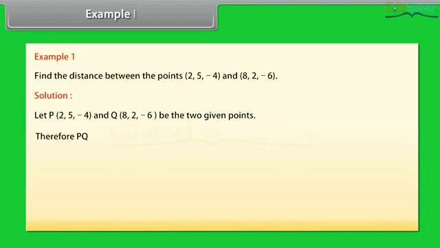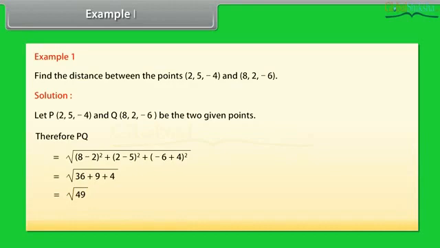Therefore, PQ is equal to the square root of (8 minus 2) square plus (2 minus 5) square plus (-6 plus 4) square, which is equal to the square root of 36 plus 9 plus 4, which is the square root of 49, equal to 7.